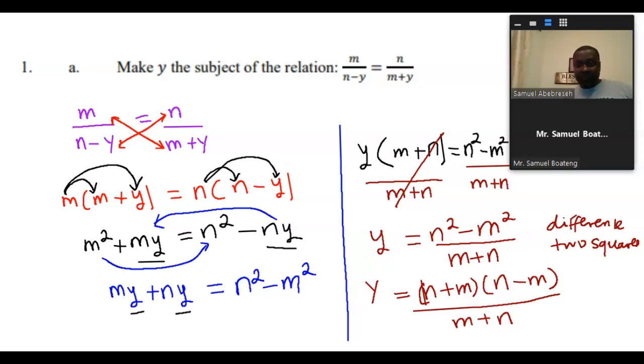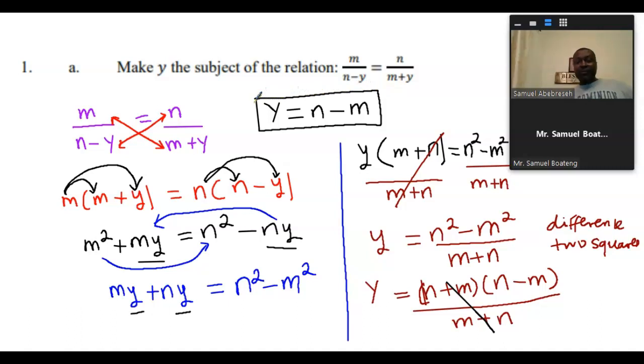N plus M is the same as M plus N. We can cancel N plus M, and so we now have Y equal to N minus M. So you have to be very careful. You need to simplify the expression to the letter. So anytime you are solving a question, make sure you simplify it to the lowest form.